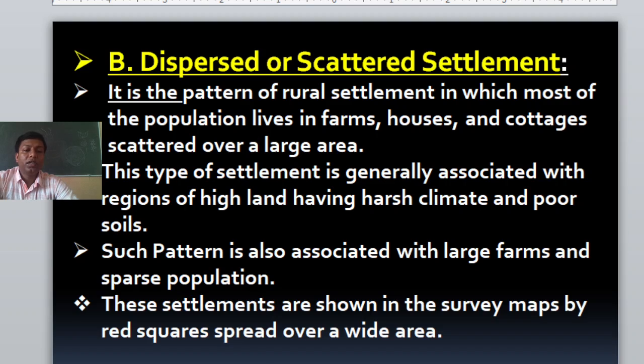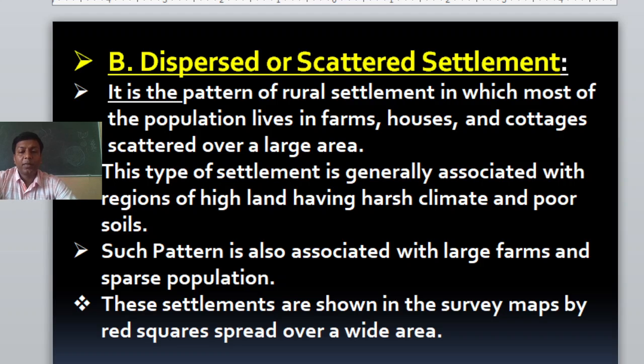Now, dispersed or scattered settlement. As you know, it is obvious. Dispersed means one thing is here and another thing is very far away from here. It is a pattern of rural settlement in which most of the population lives in farms, houses, and cottages scattered over a large area.